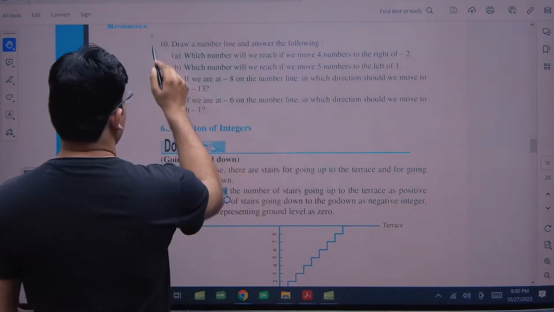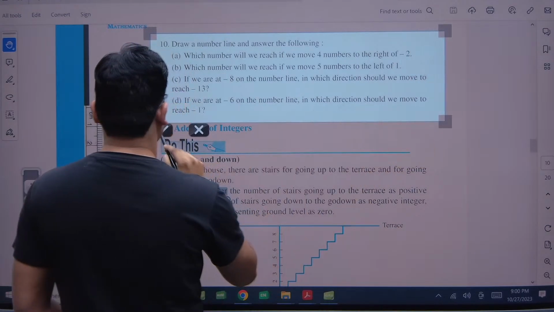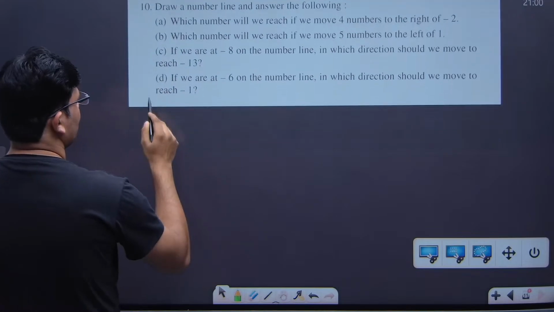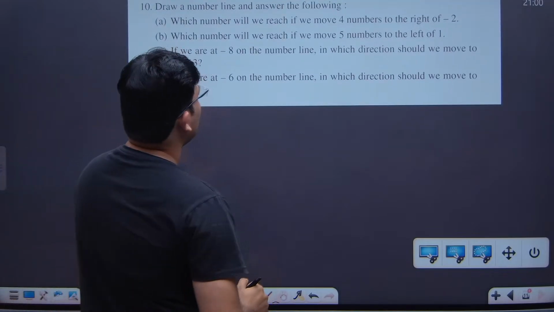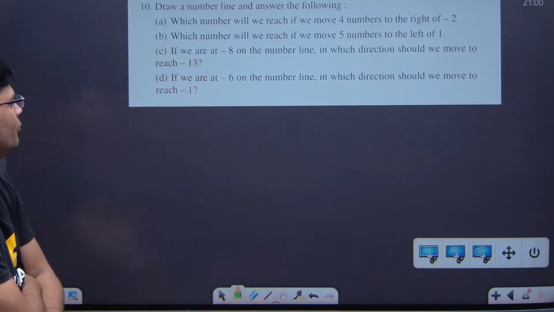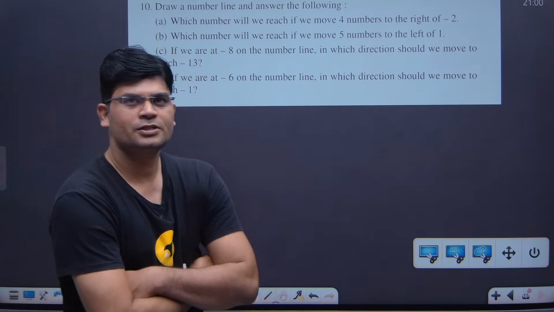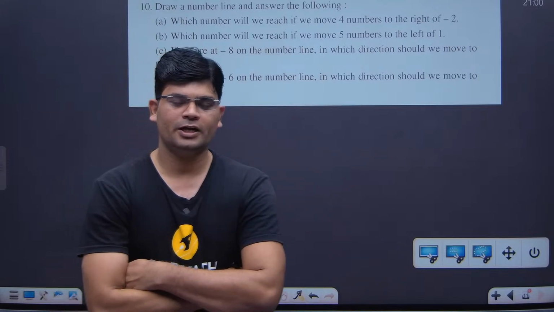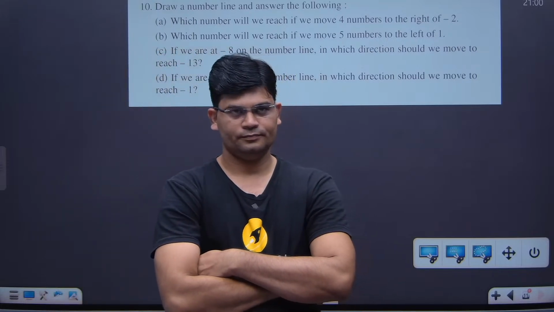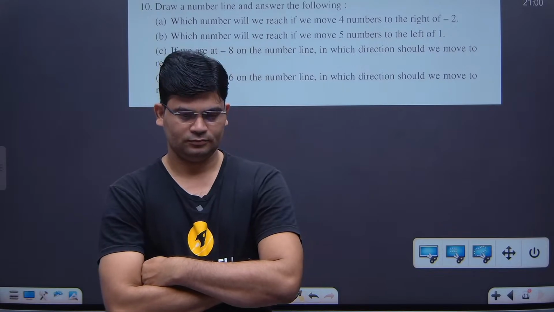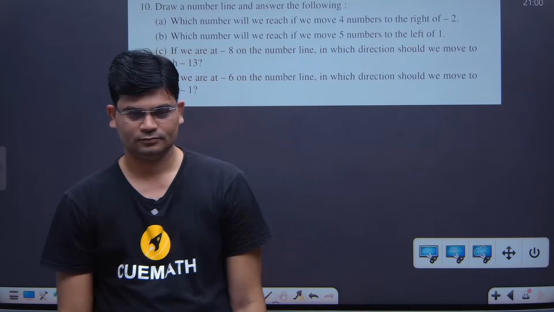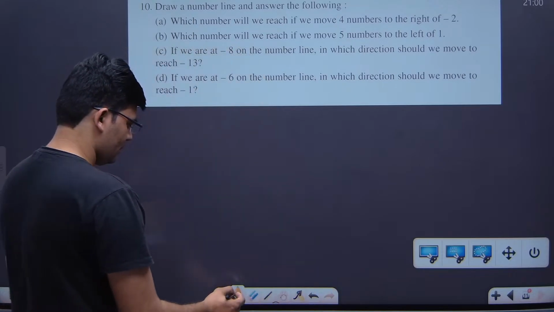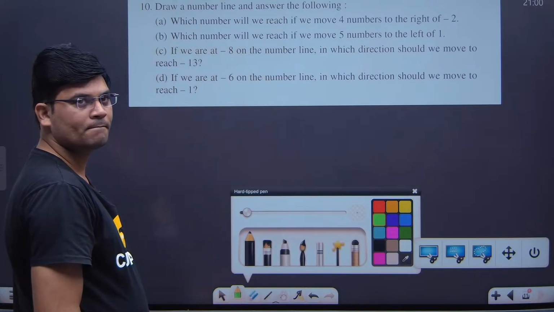So let's play some games now. Word games. Draw a number line and answer the following. Which number will we reach if we move 4 numbers to the right of -2? 4 numbers to the right of -2. Which is to be 2.